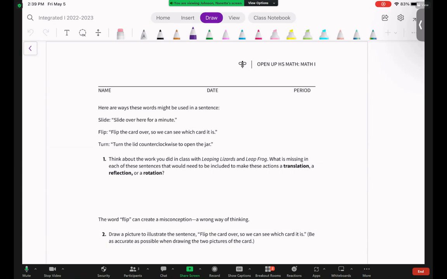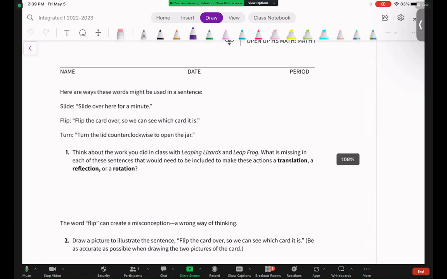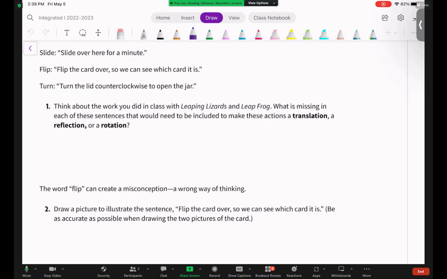Think about the words you did in class with leaping lizard and leapfrog. What is missing in each sentence that would need to be included to make these actions a translation, a reflection, or rotation? So if you scroll back, especially to leapfrog, okay, a little bit in leaping lizard, but not necessarily completely.